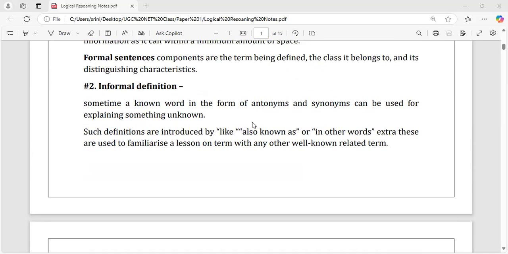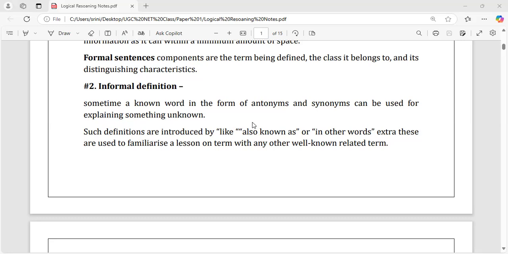Then informal definition. Sometimes a known word, in the form of antonyms and synonyms, can be used for explaining something unknown. Such definitions are introduced by like, also known as, or in other words. These are used to familiarize a learner with a term using another well-known related term.